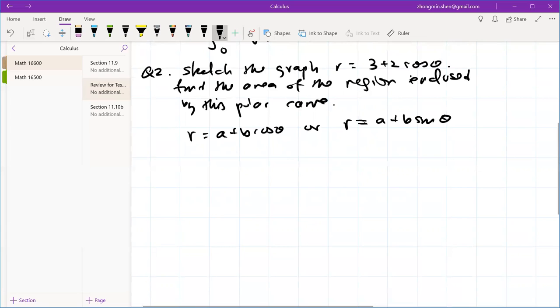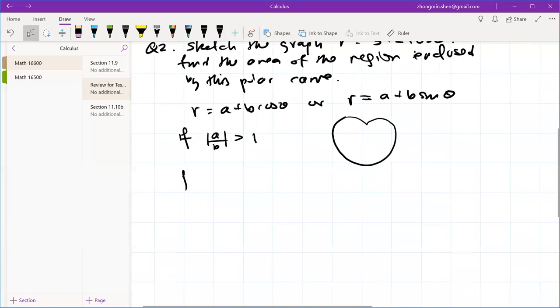If the absolute value of a over b is greater than 1, then the graph looks like that, or rotated. I'm just giving you a typical example. It's not necessarily in that position, but there is no self-intersection. If a over b equals 1, then it's going to be like that.